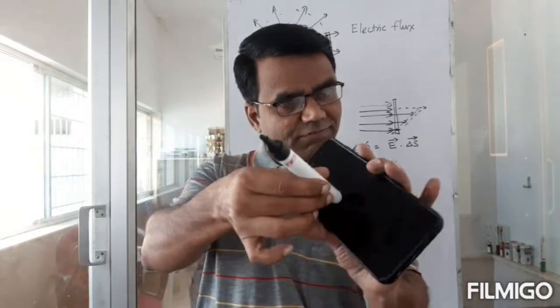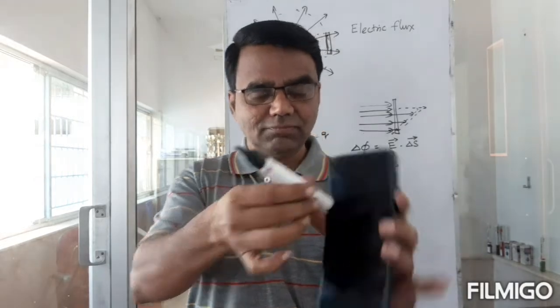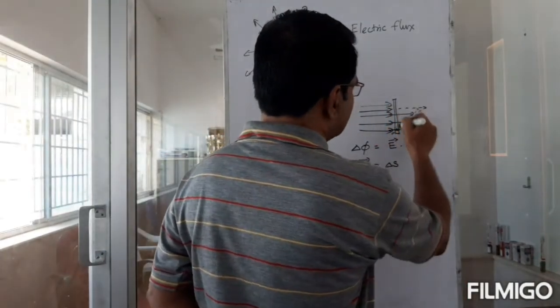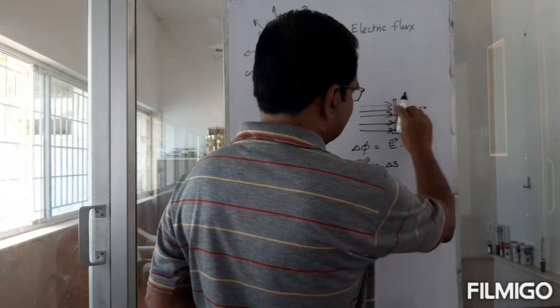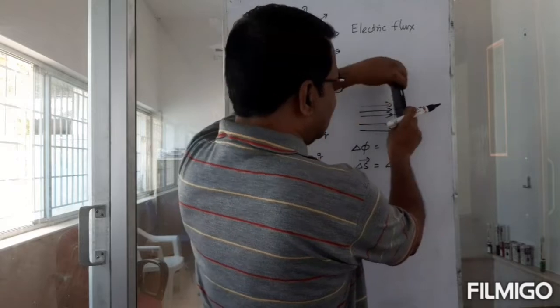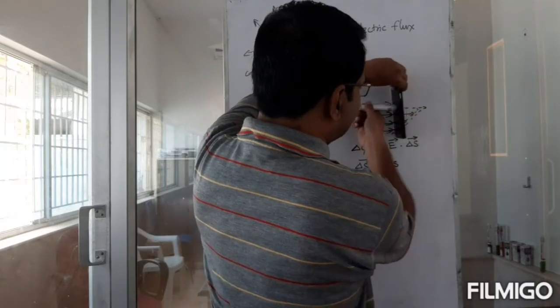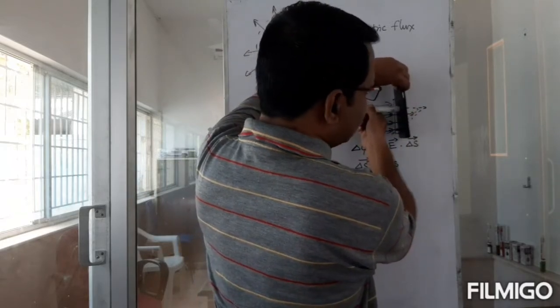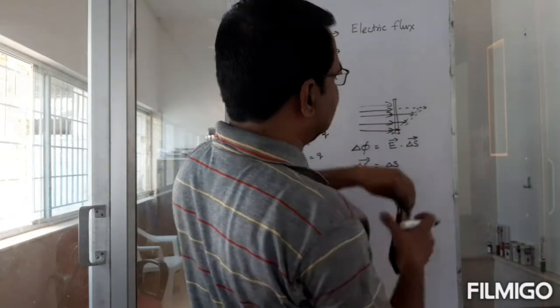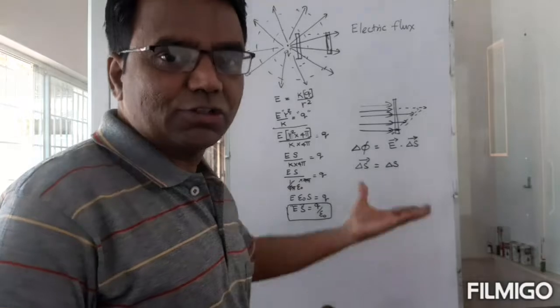So if this is the area, the vector is going to be in this direction, normal to the area. If it is normal to the area, then I can use a dot product. I've got two of them.